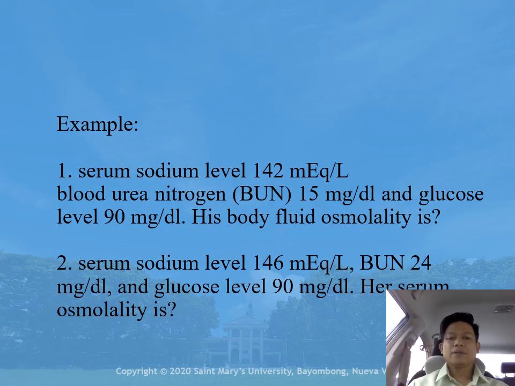Example. Please note of this first example. A client's serum chemistry values are serum sodium level 142 milliequivalent per liter, blood urea nitrogen BUN 15 milligrams per deciliter, and glucose level 90 milligrams per deciliter.